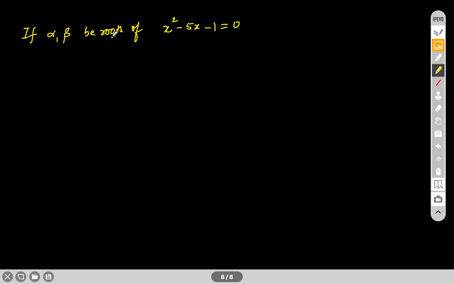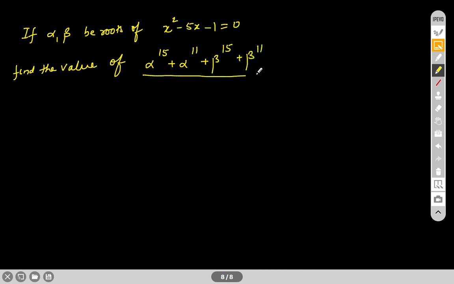Then find the value of (alpha to the power 15, alpha to the power 11, beta to the power 15, beta to the power 11) by alpha to the power 13, beta to the power 13.